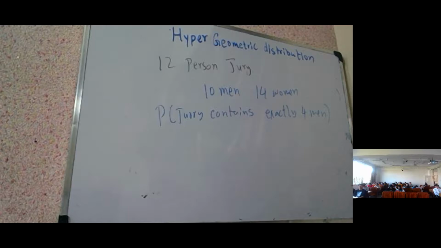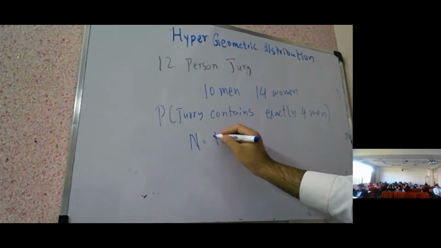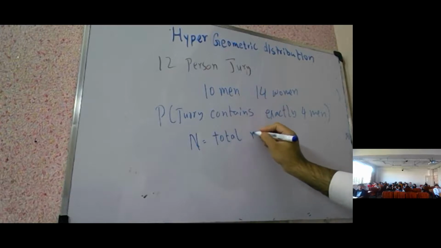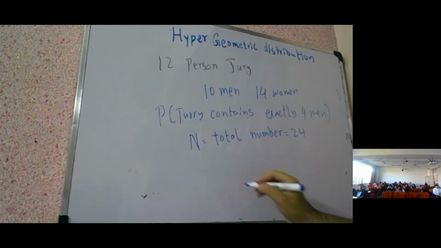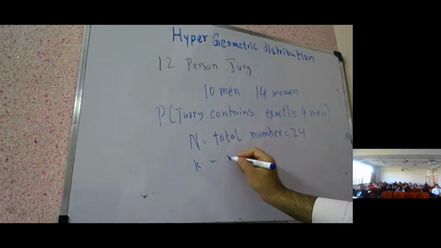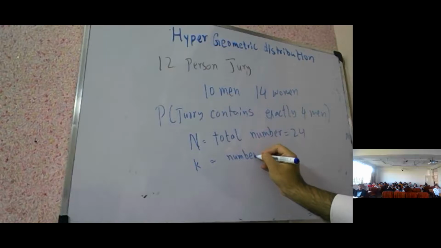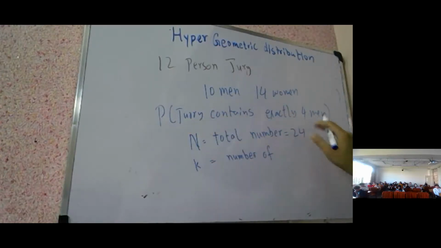Let's see. So N is the total number, that is 24. K is the number of men in the pool, because that's exactly what we need to know, which is 10.